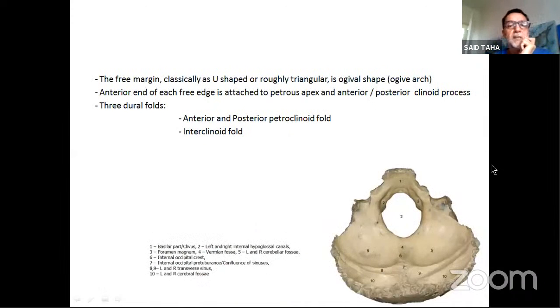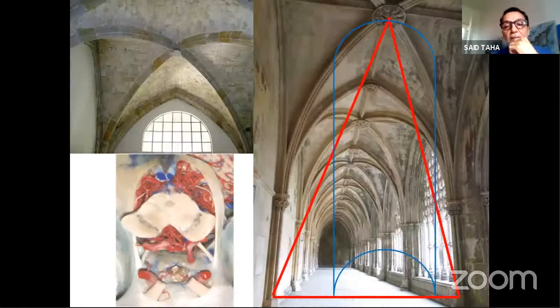And the dura folds: we have the anterior and posterior petroclinoid fold and the interclinoid fold. For the shape of this free edge, it's more ogival, as we see here.